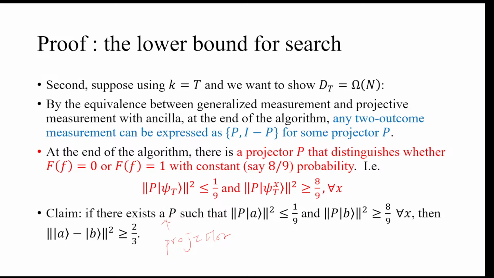Let's say we start with two states, alpha and beta, and we are doing a measurement on alpha and beta, with outcomes 0 and 1.